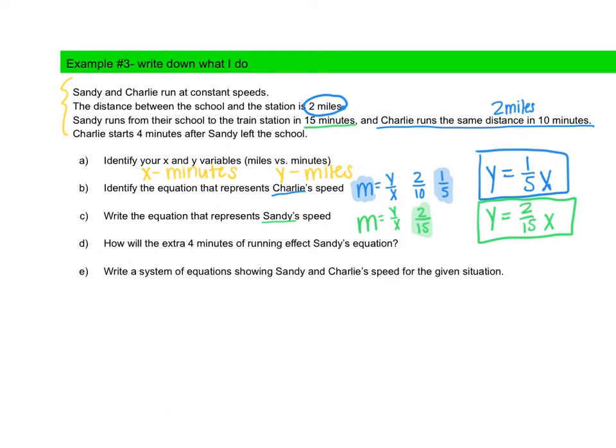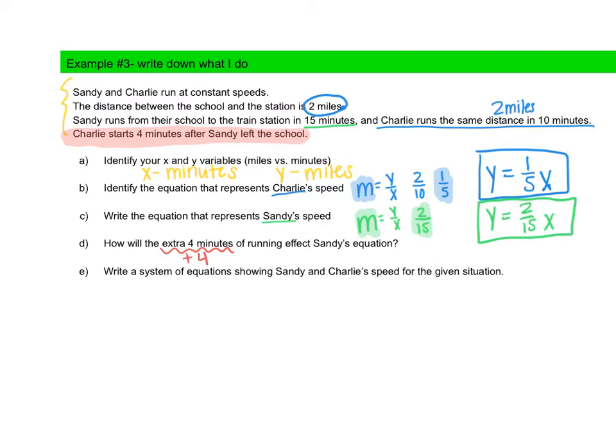Now the next thing that I'm going to do is figure out, how does this extra 4 minutes affect my equations? So it says Charlie starts 4 minutes after Sandy. So Sandy gets an extra 4 minutes. How is this extra 4 minutes going to affect the equation? Well, if you have extra time, you're adding time.